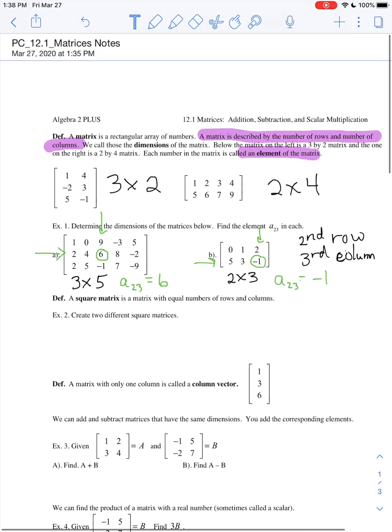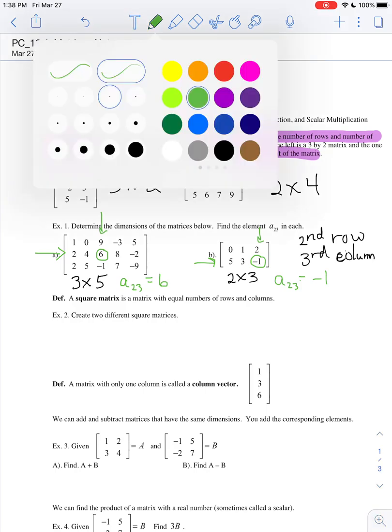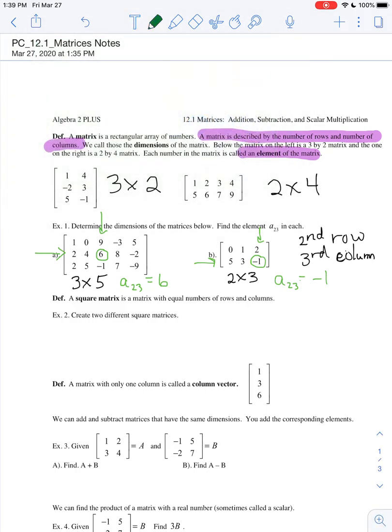They are fairly simple. A square matrix is a matrix with equal number of rows and columns. Example 2 says create 2 different square matrices. Some examples are a 2x2, a 3x3, a 4x4, and so on. You just randomly come up with one, and we use these brackets.